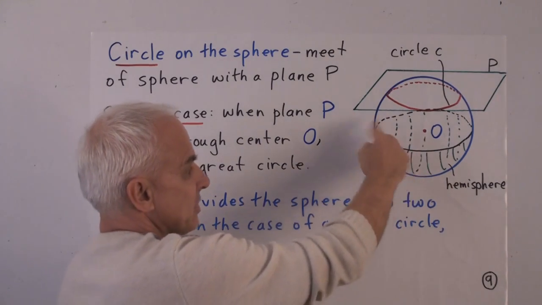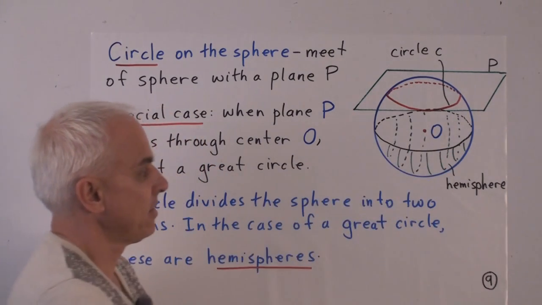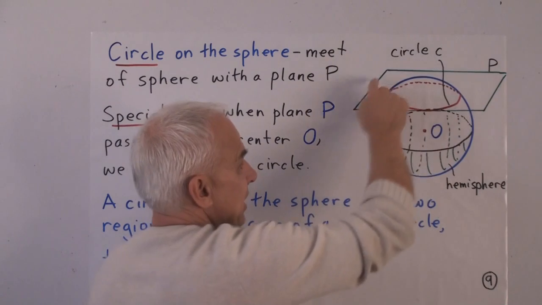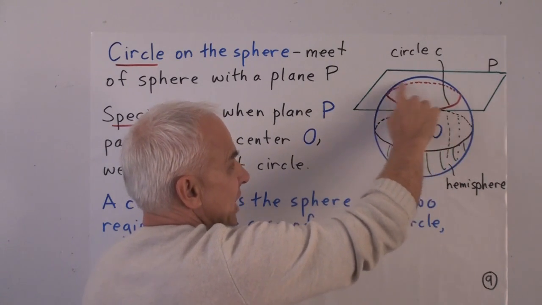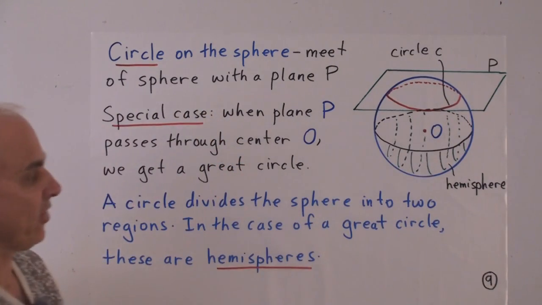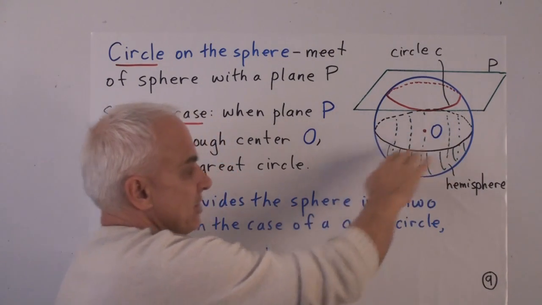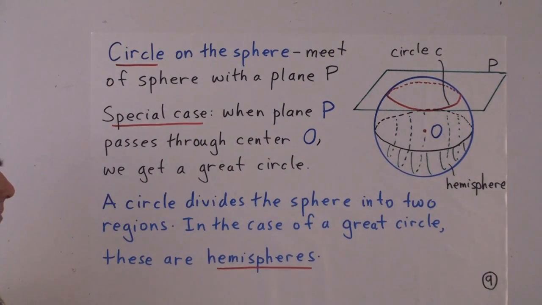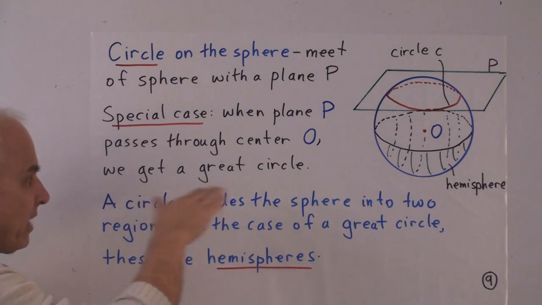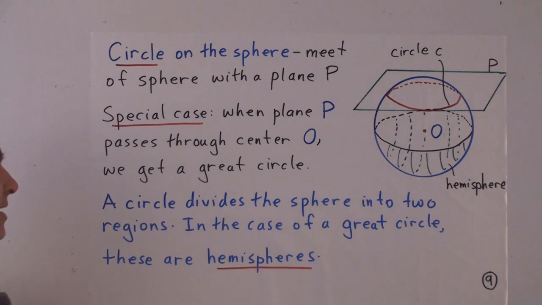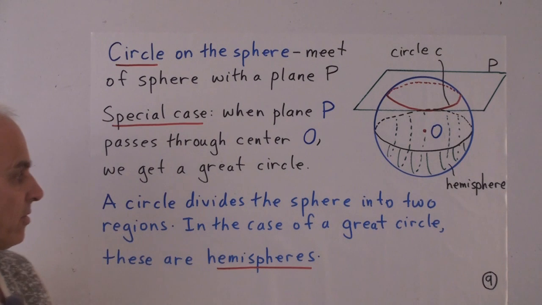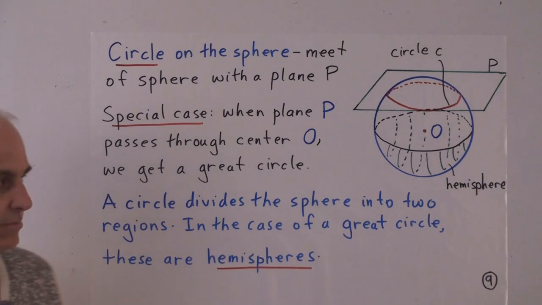So here's a picture here, the sphere, the center, a plane P cutting out or intersecting a circle, say C. There's the great circle. That's our usual picture of the equator. So the special case when the plane P passes through the center, then a circle is actually a great circle. Now a circle has the property that it divides the sphere into two regions.